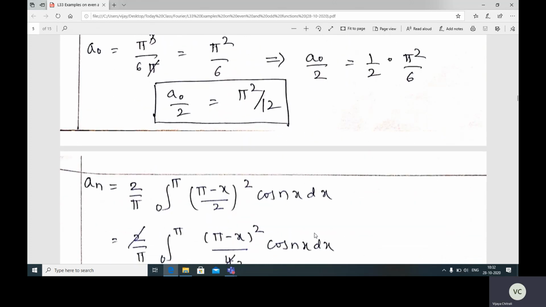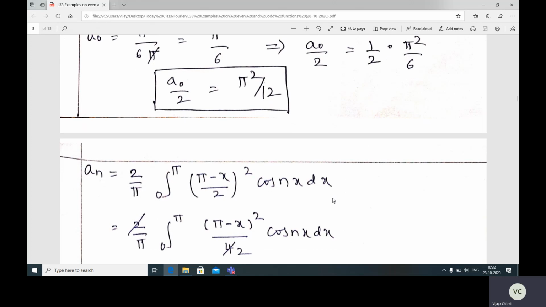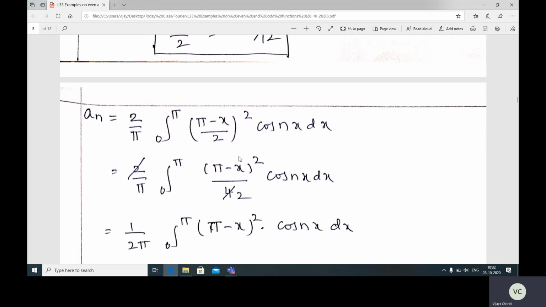Right. Now find an. So an is equal to 2 by pi integration from 0 to pi of (pi minus x divided by 2) raised to 2 cos nx dx. Now we need to apply the generalized Bernoulli's rule, integration by parts, because this is a polynomial and this is a trigonometric function, so this is a product of two functions.